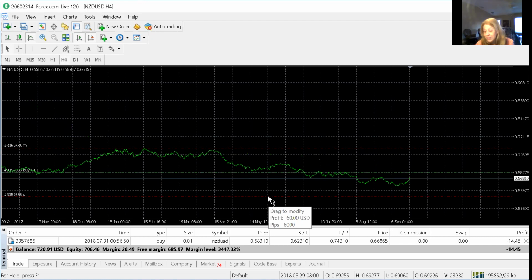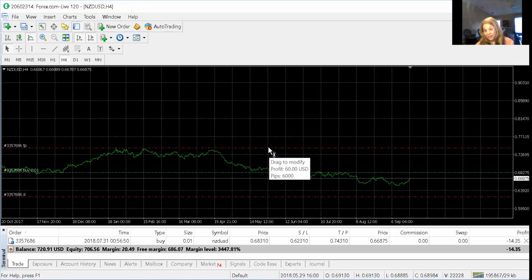And with a balance of over 700, I can go a long time before it hits that stop loss. But my take profit is also at 6,000 pips, or $60 in profit. I have a 1-to-1 ratio to risk and profit.